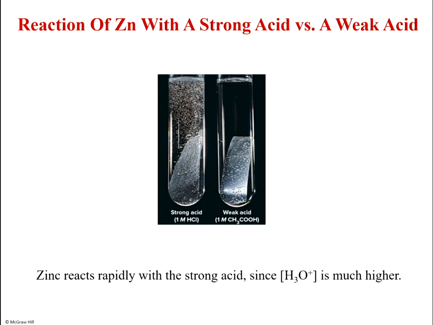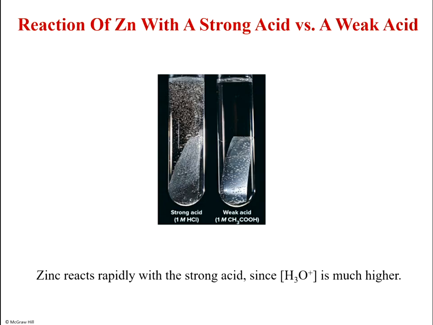And this can be illustrated with a reaction from back in Chapter 4. We know that zinc is a metal that reacts with acid by displacement, and it'll react differently with a strong acid and a weak acid. When zinc reacts with an acid, it produces zinc ion and hydrogen gas.